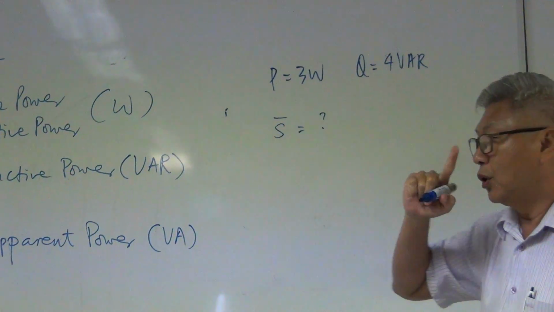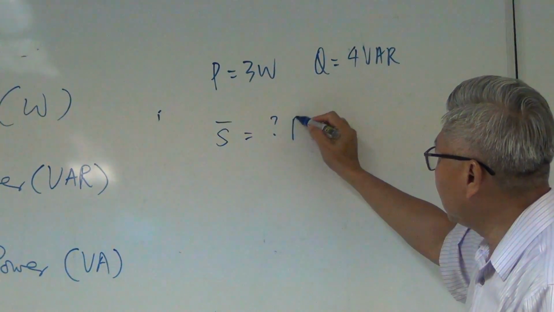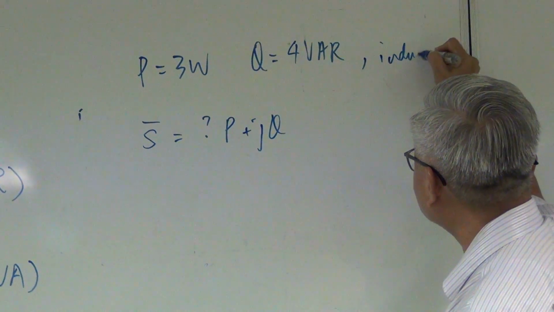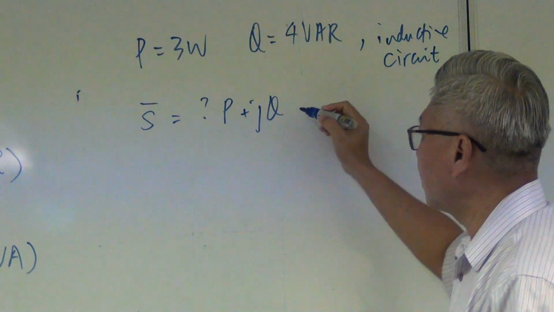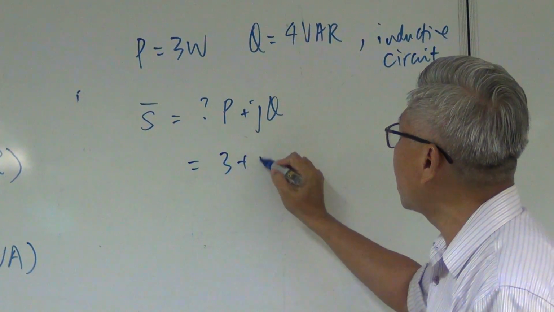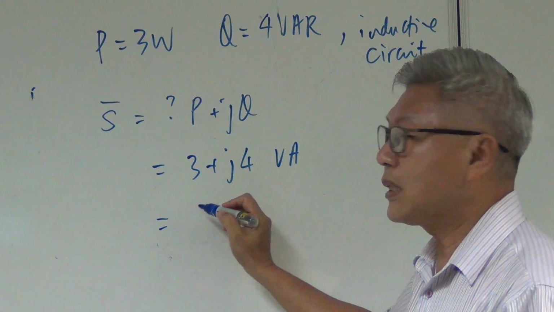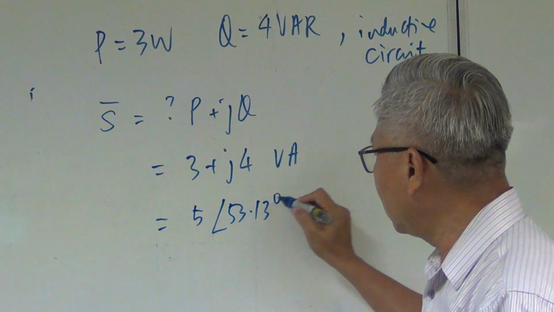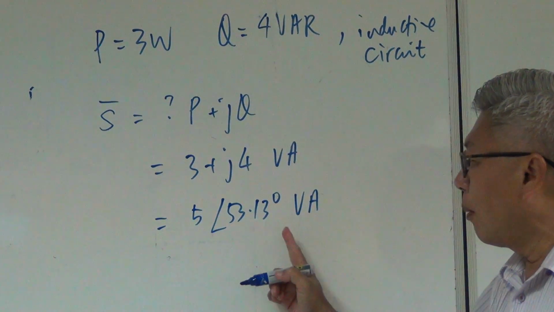Okay? So you know that the apparent power, or the complex power, is equal to P plus JQ, because you are told that this is an inductive circuit. So it's equal to 3 plus J4 VA. Or you express it in polar form, it will be 5 at 53.13 degree VA.